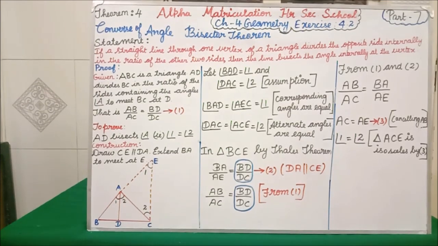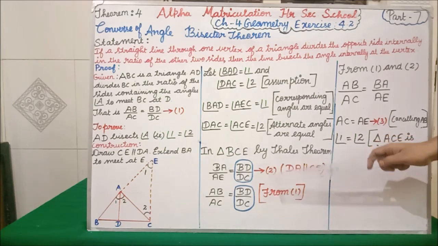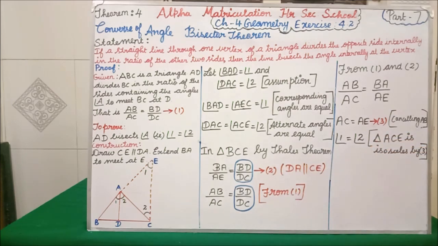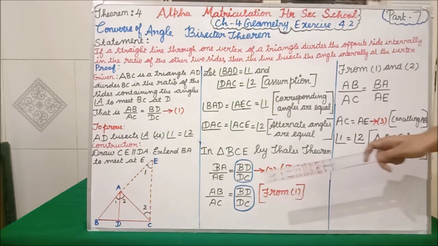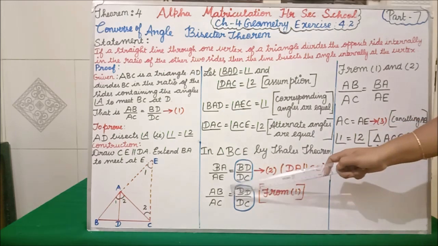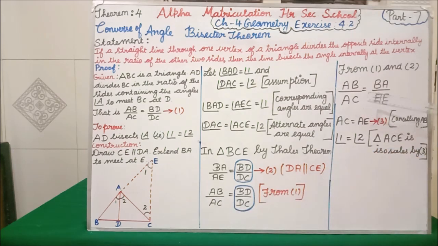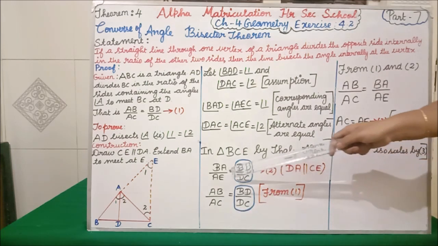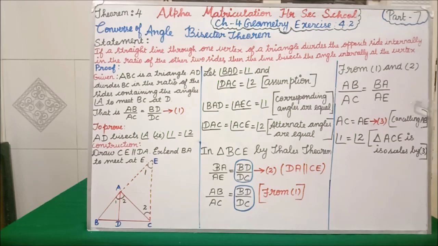Students, see here, this is our 1 and this is our 2. From 1 and 2 both the right hand sides are equal. Now we are going to say that both the left hand sides are equal. From 1 our left hand side is AB divided by AC equal to. From 2 our left hand side is BA divided by AE. In the numerator here we have AB, here also we have AB.